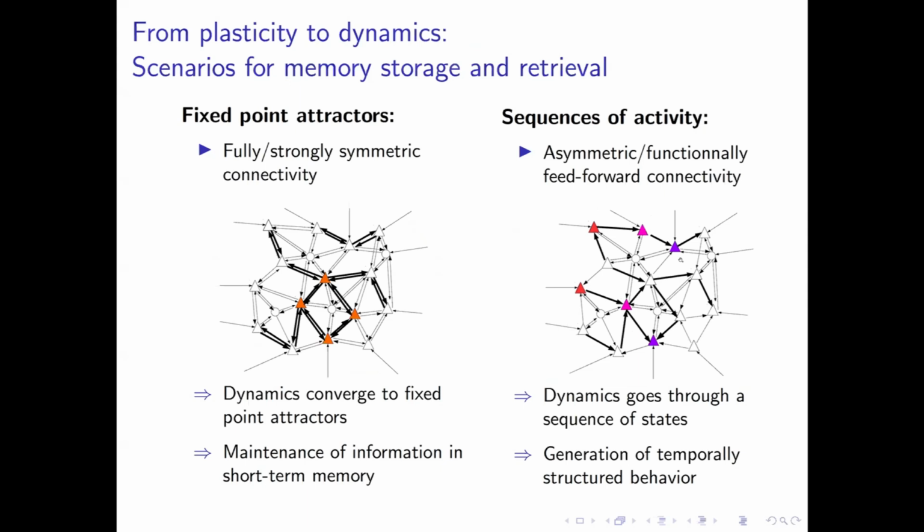If you have a temporally asymmetric plasticity rule, of course, you will generate a very asymmetric connectivity matrix. These connections will be strengthened, but the connection in the other direction will go down because they will be depressed, right? That leads to something that's sometimes called functionally feed-forward connectivity, or it's an example of an asymmetric connectivity.